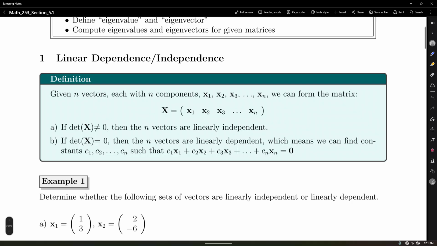Otherwise, if the determinant is zero, then the n vectors are linearly dependent, which means we can find constants c sub 1, c sub 2, etc., c sub n, such that multiplying those constants with those vectors, we get the zero vector as a result. Or number two, one of the vectors in the set can be written as a multiple of the other vectors.